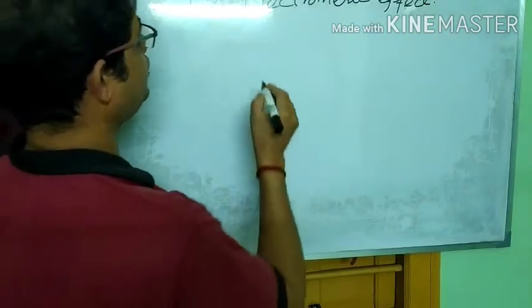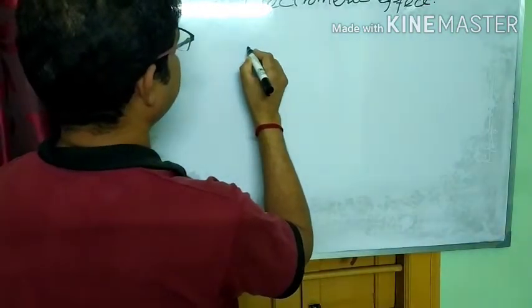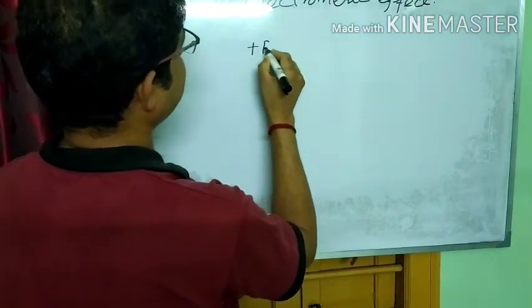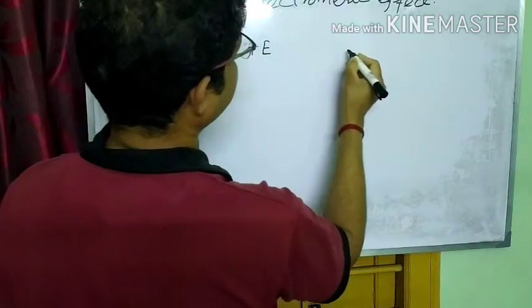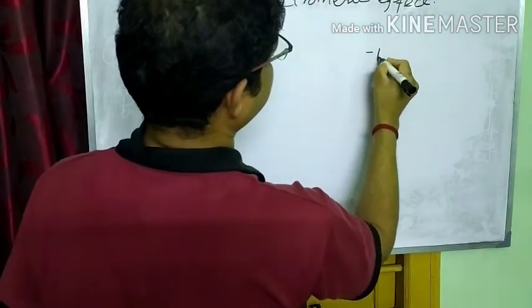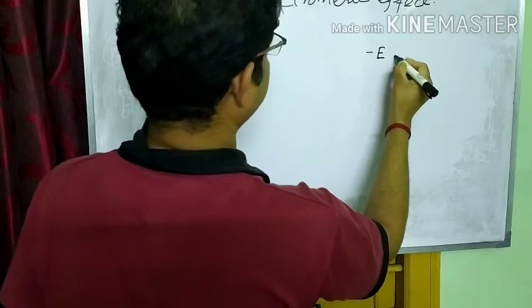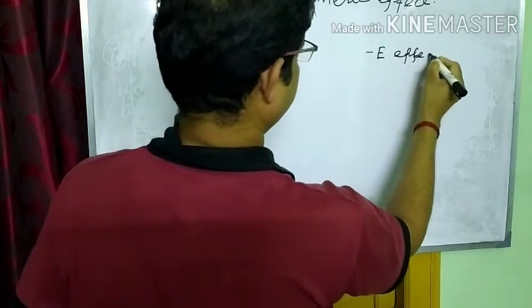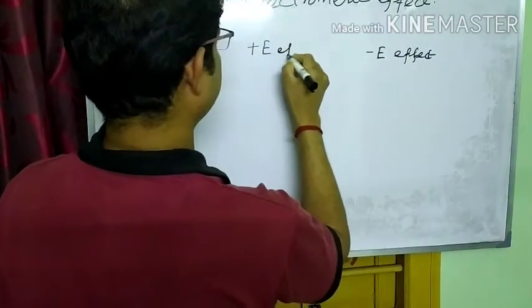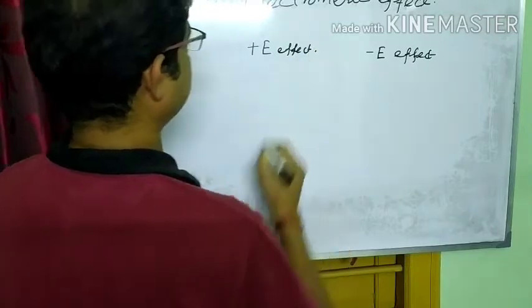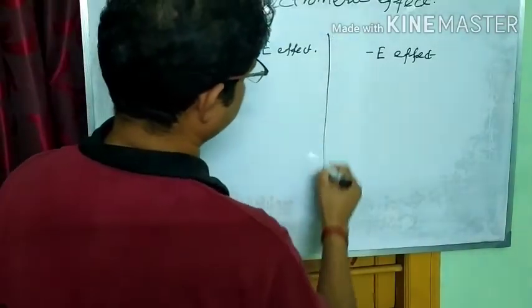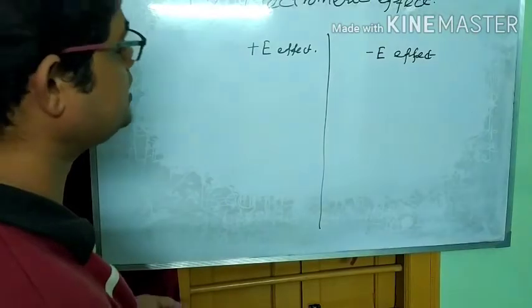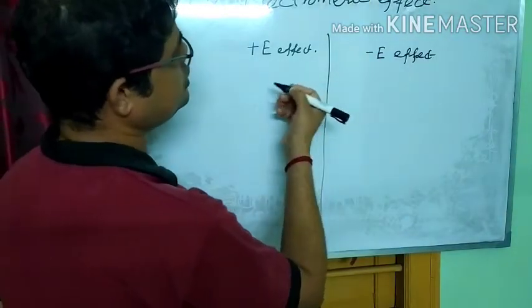Electromagnetic effect are of two types: plus E electromagnetic effect and minus E electromagnetic effect. Let's see what is the difference between these two.